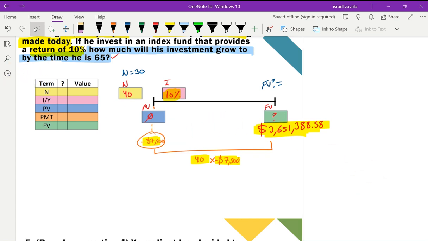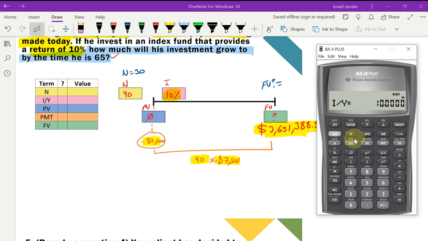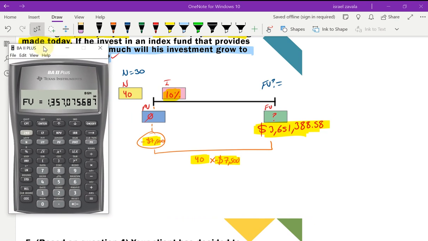So all we have to do is go to our financial calculator, and right now when we compute n, it's 40, so we can just change this to 30, put that in for the n, and then compute the future value. And look at that difference. Look at the last 10 years, right, are huge. So cutting off those last 10 years is a huge impact. So this is 1,357,075.